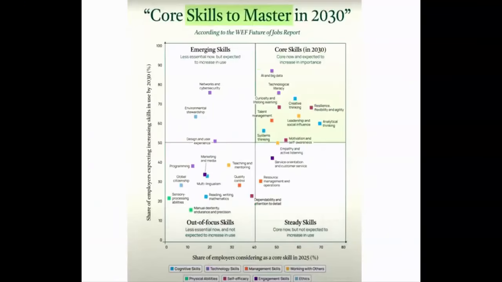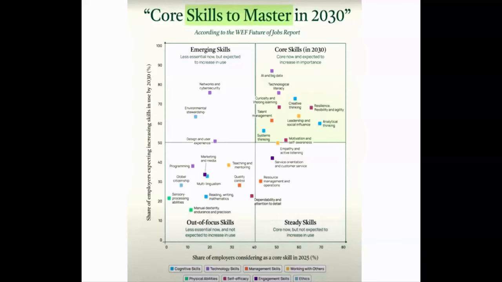So look at these core skills that will be critical for the long term. Do you have these skills? You really need to focus on those skills, yeah? So when you think about programming, coding, marketing, media, all of these skills, reading, writing, mathematics, AI can do them better than you. AI has got better, yeah? What you really need to focus on is the strategic skills which are here. What are the strategic skills?